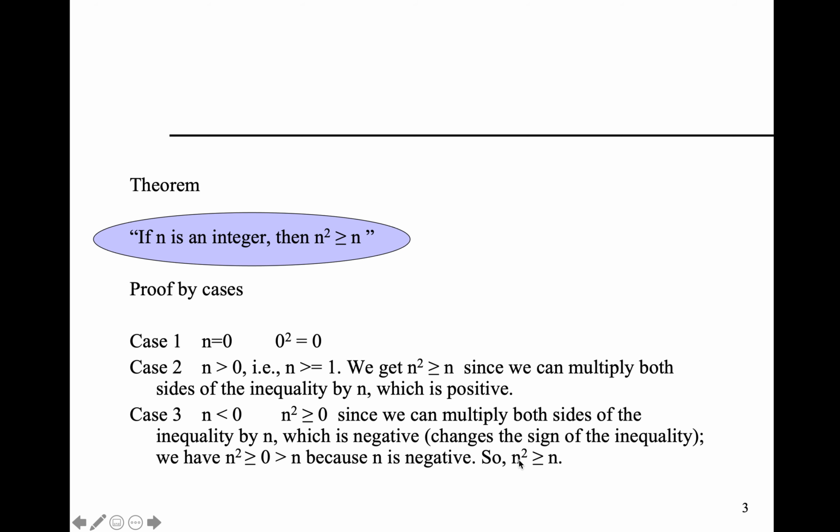And so n square is greater than or equal to n again. So we proved it for all three cases, where n could be 0, greater than 0, or less than 0, and we showed the inequality holds in each case. So this is essentially your proof by cases.